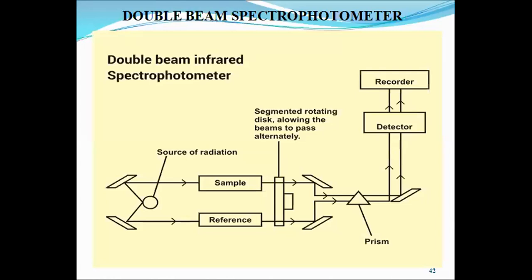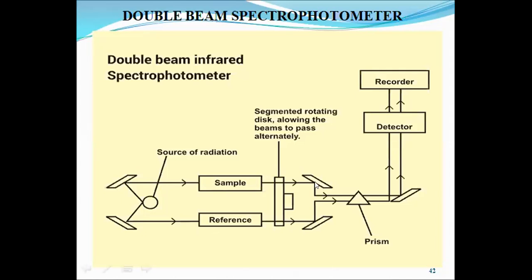This is a simple ray diagram for the double beam infrared spectrophotometer. We can see here the source of IR radiation, and with the help of mirrors, since it is a double beam spectrophotometer, first of all a single beam is divided into two beams of equal intensities, one passing through the sample and the other through the reference.